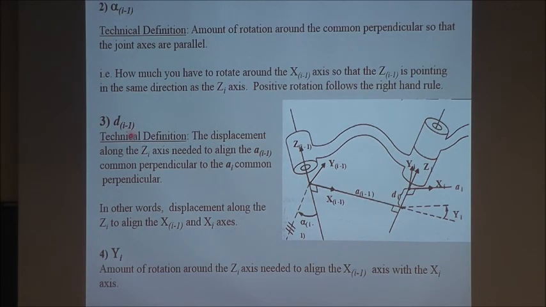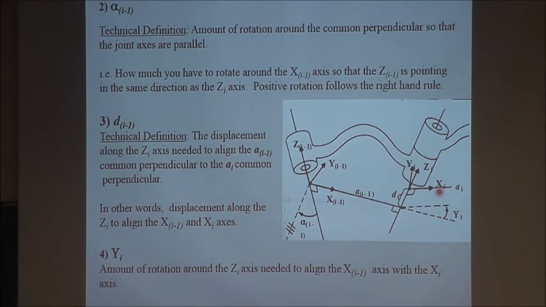The third one is called d_i, or d_{i-1}. The displacement along the z_i axis needed to align a_{i-1}, which is this common perpendicular, to the a_i common perpendicular. You see, you have moved to the second joint, the next joint. You move physically there by some distance.